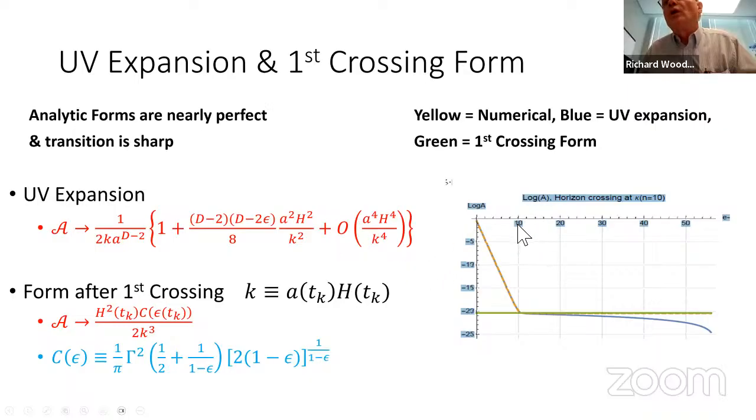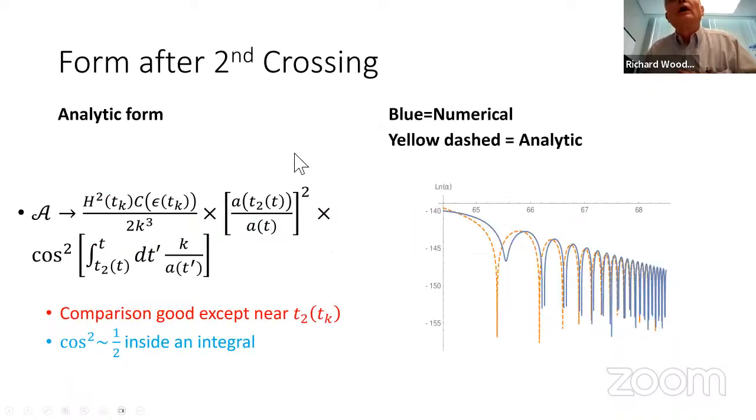This is for something which underwent first horizon crossing at n equals 10 e-foldings after the beginning of inflation. You can see that the ultraviolet form is just in perfect agreement right up until the moment of first horizon crossing. And then after that, almost instantaneously, the green form, which is the first horizon crossing form, is accurate. And like I say, we could improve this if we had to, but I don't think we have to.